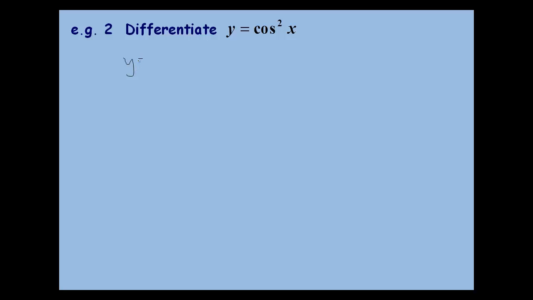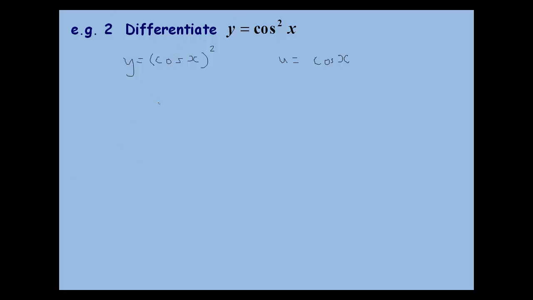Okay, so y equals, well, I'm going to write this. Cos squared x is actually cos x all squared, isn't it? And maybe writing it like that makes it a bit more obvious what's going on. I'm going to use the substitution u equals cos x, the inner function.